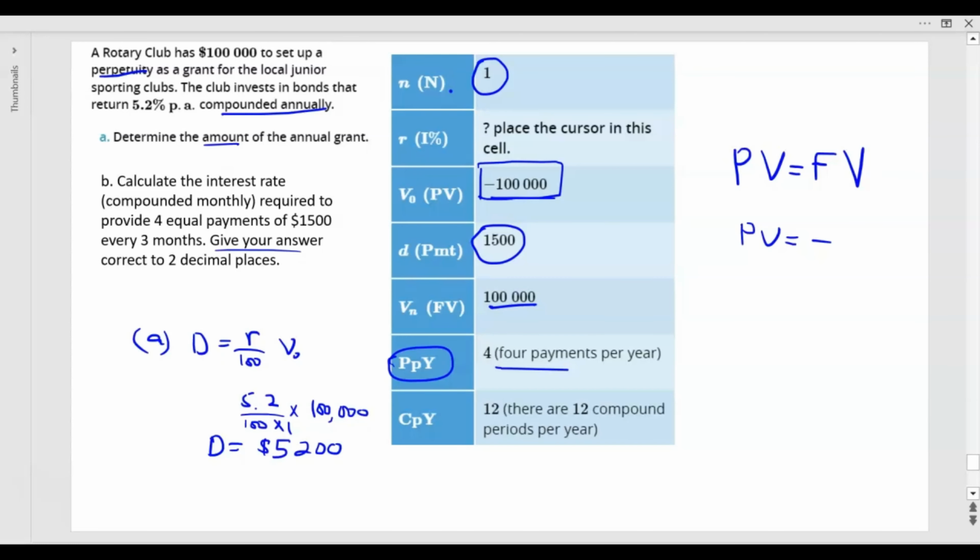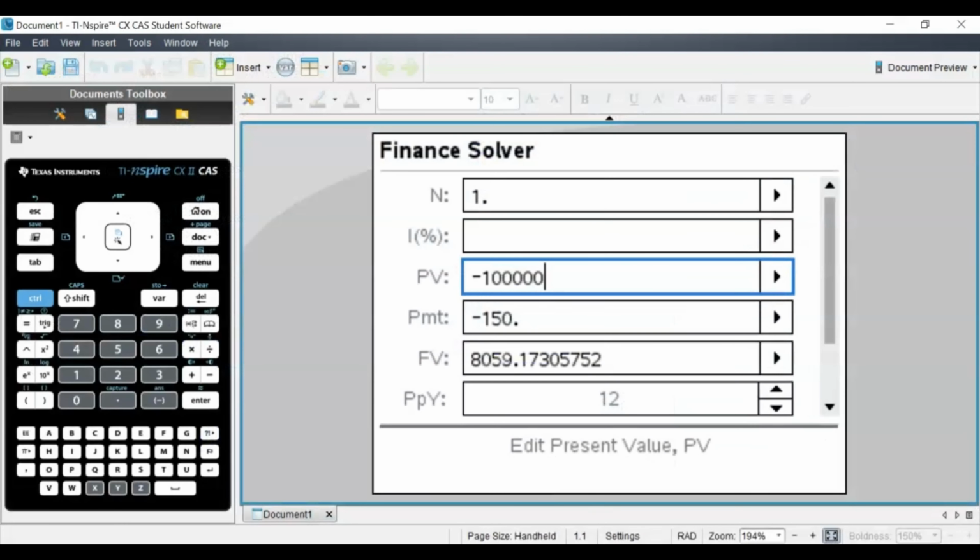This is actually compounded monthly, required to make 4 equal payments a year, every 3 months. The compounding period has to be 12. So the return is 1,500.